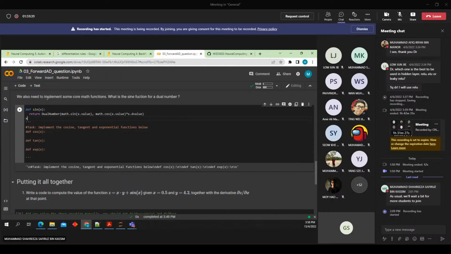You can do x.value because you are defining what x.value is, which is self.value. So in this case, x itself is a dual number, and because of that, you are returning a dual number. Did that answer your question?